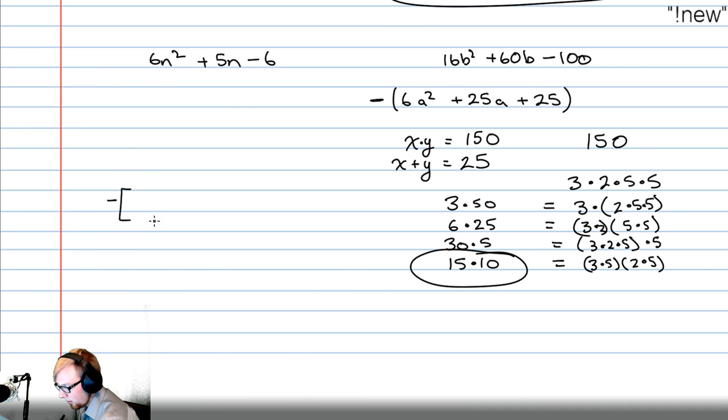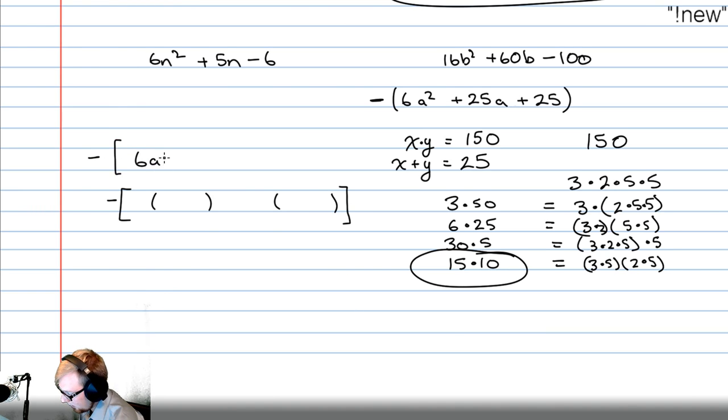So if you look on my screen, I wrote a minus bracket, and then on the inside I'm going to use parentheses. And then you close the bracket. That way you know that the minus is multiplied onto everything on the inside. Okay. And it's a little neater and easier to follow along.